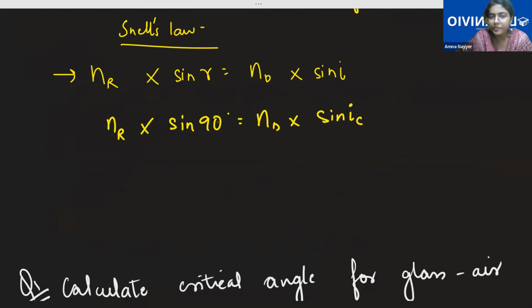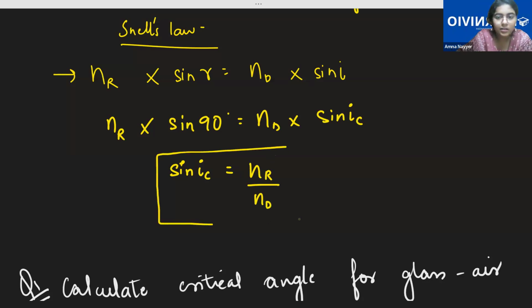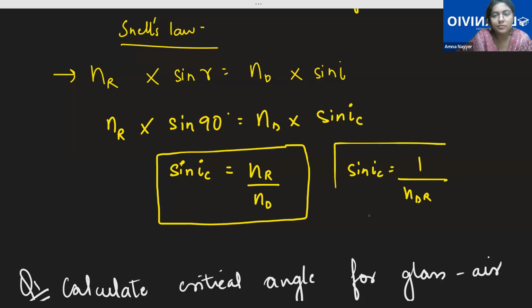Here I is IC. So sine 90 degrees, sine 90 is 1. So NR by ND is the formula, which is 1, sine IC is basically 1 by NDR.